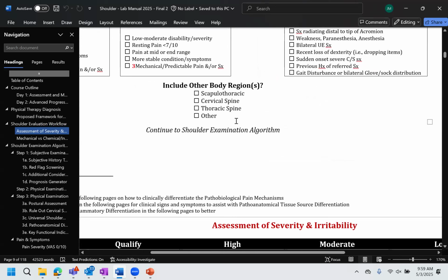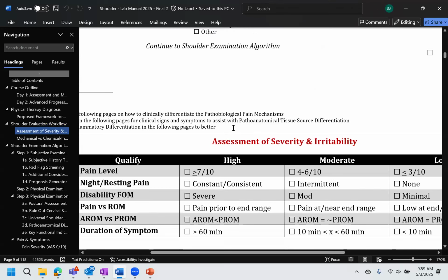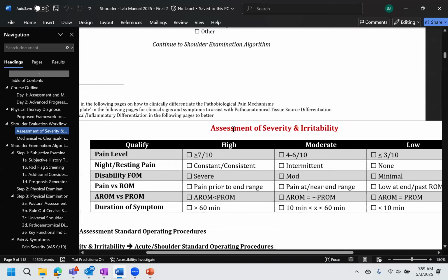Again, I was taught early on that you want to check the joint above and below. Yeah, how thoroughly, and is that a day one necessity? It depends, right? I'm not always going to do a thoracic screening or cervical spine assessment on every patient, and the current evidence would suggest as much.